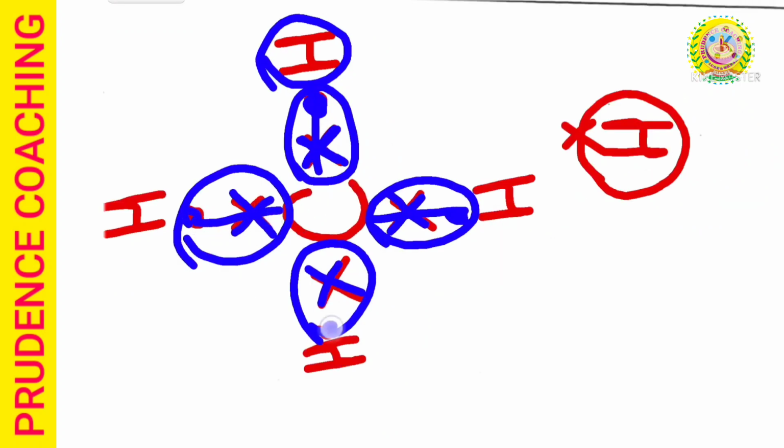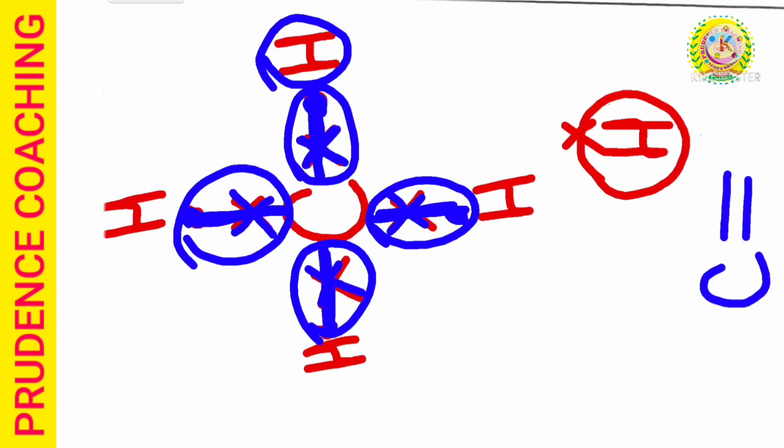The bonds which are formed by sharing the electrons are known as covalent bonds. So here is one covalent bond, a single covalent bond, here one, here one. So here carbon is forming covalent bonds with hydrogen to attain its stability. Similarly, carbon can form covalent bonds with oxygen to form its octet.